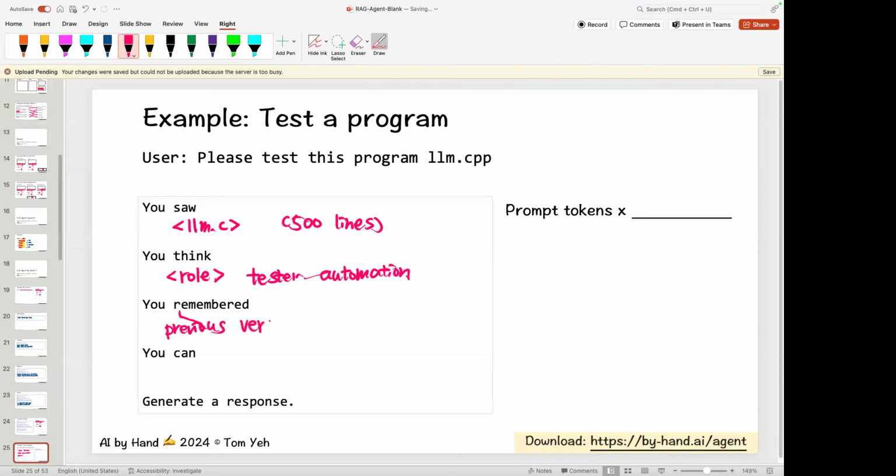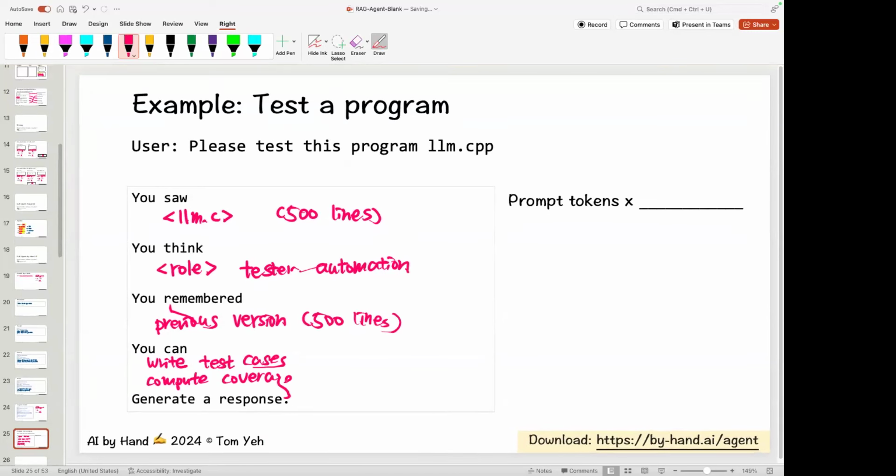So the previous version, how does it even remember it? Because we have to add all the 500 lines of code directly into the prompt as well. And you can write test cases, this action, write test cases. You can compute coverage to make sure it's good coverage. So these are things that you write directly into a prompt as well.